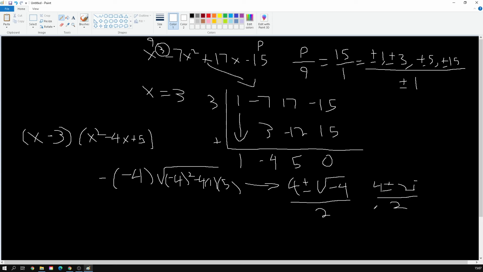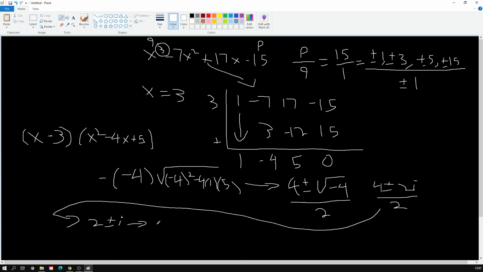And finally, we write it like this: 4 divided by 2 is 2, and 2 divided by 2 is 1, so we just get 2 plus or minus i. We can write these as two answers because they're both positive and negative. So we have 2 plus i and 2 minus i. And those are the rest of our zeros.